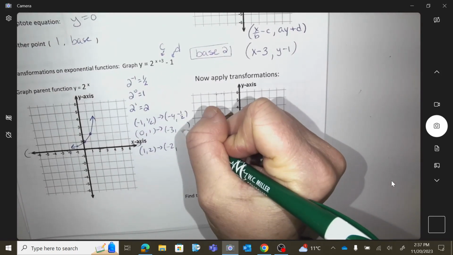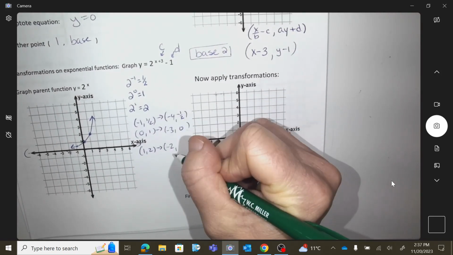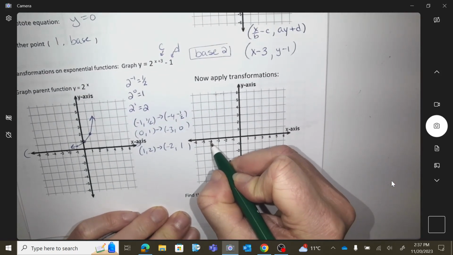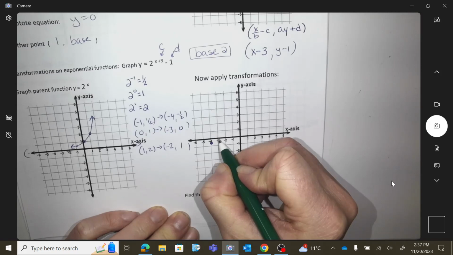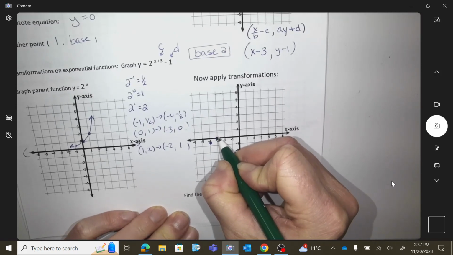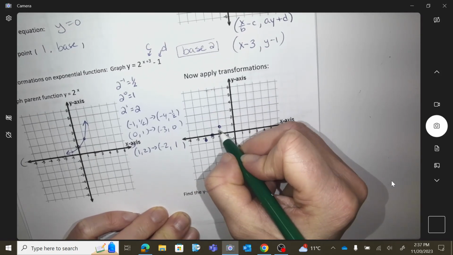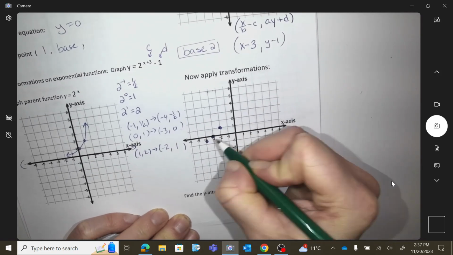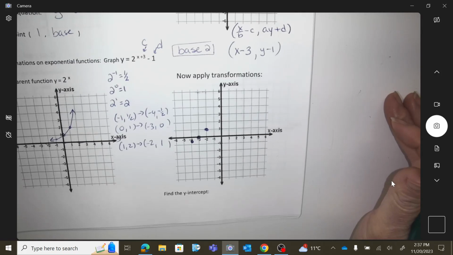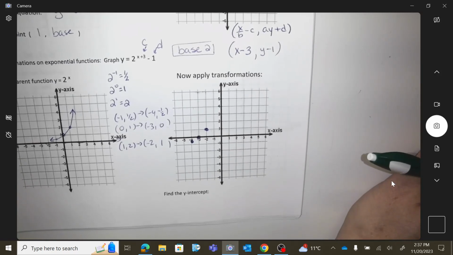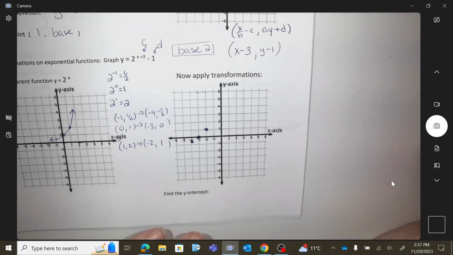Negative a half. 1 minus 1, 2 minus 1. Okay, so do you see the shape?